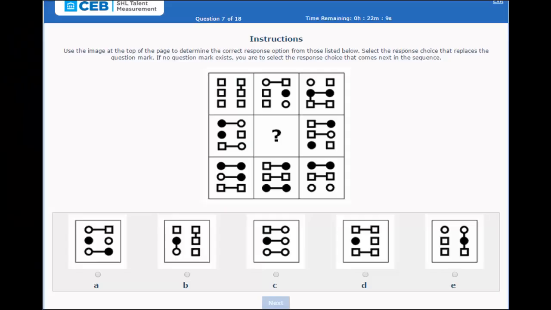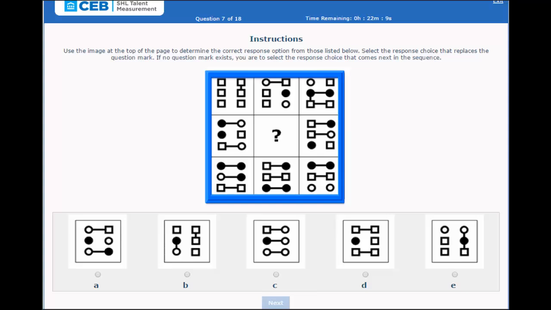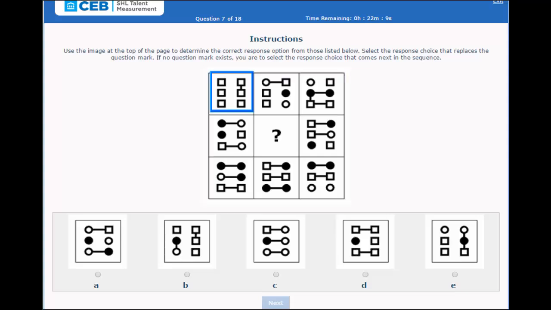Now let's move on to another very typical SHL Inductive Reasoning Test question. Here, as we can see in this particular example, we have a matrix. The matrix is constituted by square frames that include inside either squares, circles or lines.